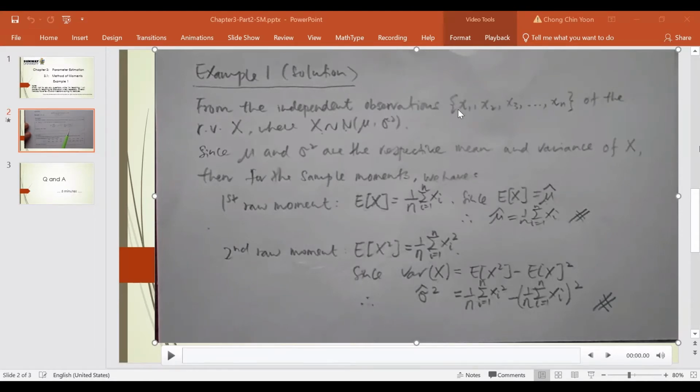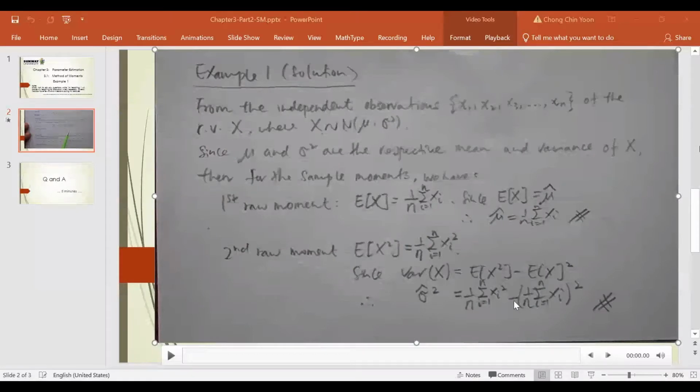I sum up all the data divided by n. That will be the average, that is mu, for the normal distribution. Then in order to calculate sigma, I have to use this formula, because I sum up all the data to get the mean, after squaring, and then sum up all the observations squared.